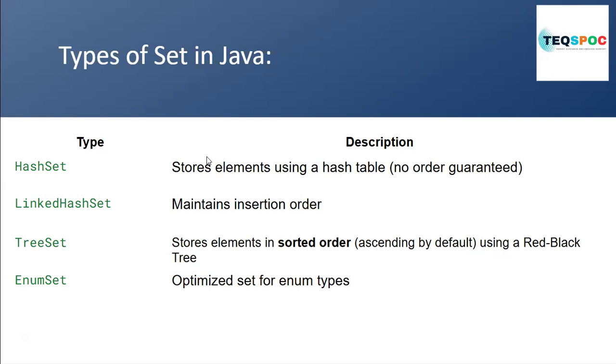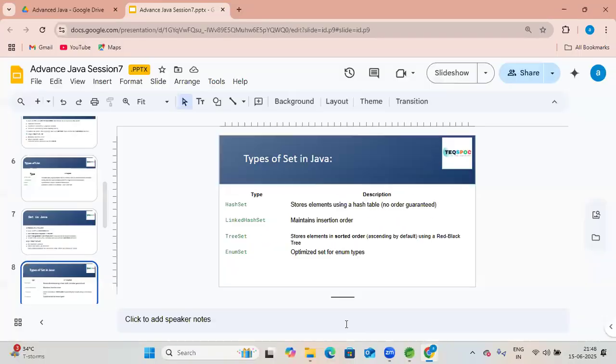The initial size of this HashSet is 16. When the load ratio becomes more than 75%, the size of the table automatically gets doubled. So the initial size is 16, and when the load increases beyond 75%, the size doubles. Then how do we create a HashSet? Let me show you.